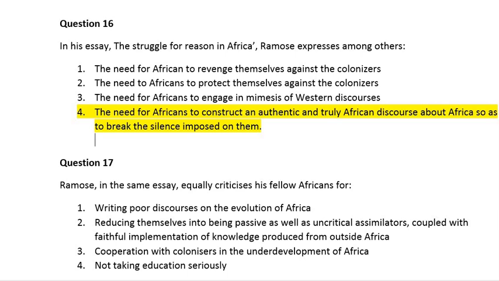Number 3, cooperation with colonizers in the underdevelopment of Africa. Number 4, not taking education seriously. So here guys, the correct answer is number 2, which is reducing themselves into being passive as well as uncritical assimilators, coupled with faithful implementation of knowledge produced from outside Africa.